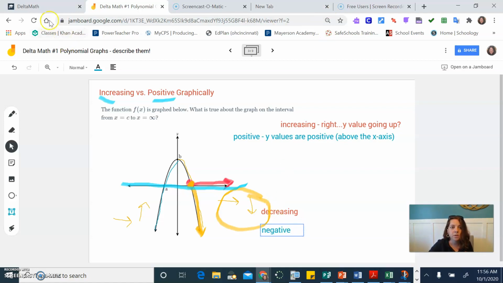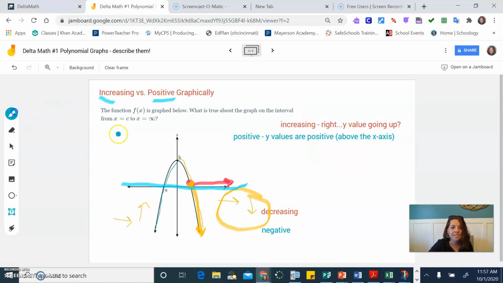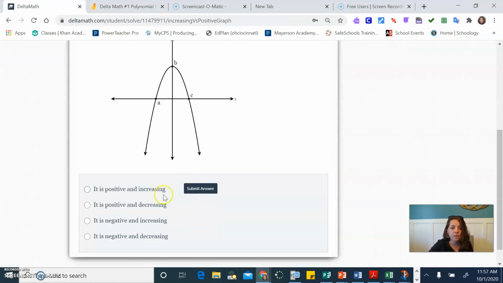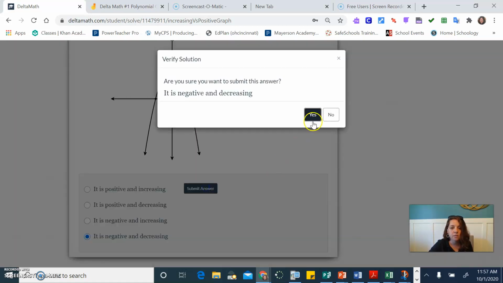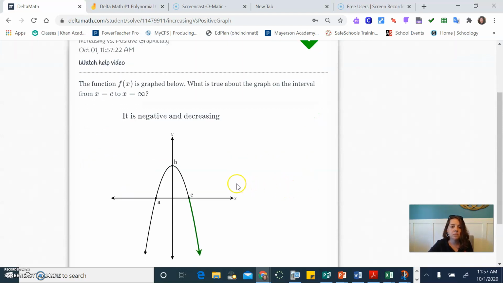So when I go back to the question, as x goes from c to infinity, the function is decreasing and it's negative. So if I go over here, it is decreasing and negative. So that would be my right answer. If I hit it, did I get it right? Ta-da! Let's do it again.